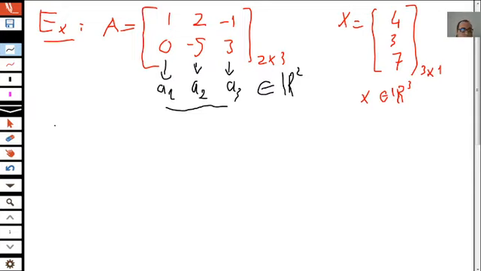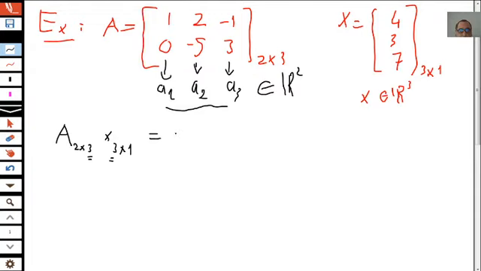So let's find the product of the matrix A, which is 2 by 3, and the vector x, which is 3 by 1. So you see that the number of columns is equal to the number of entries in x, so we can apply the product according to the definition. It is just the columns of the matrix A times the entries of x.